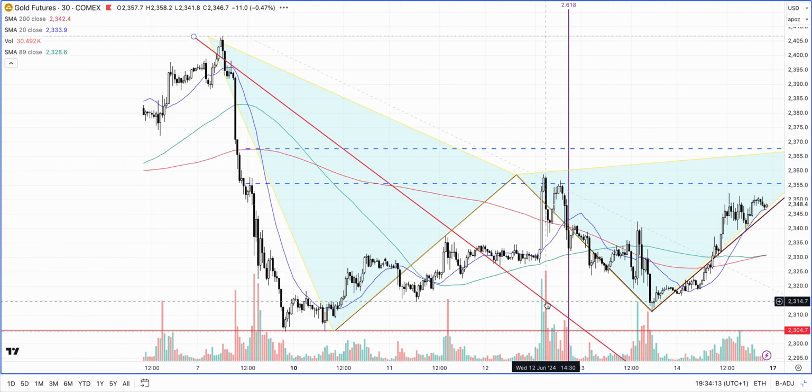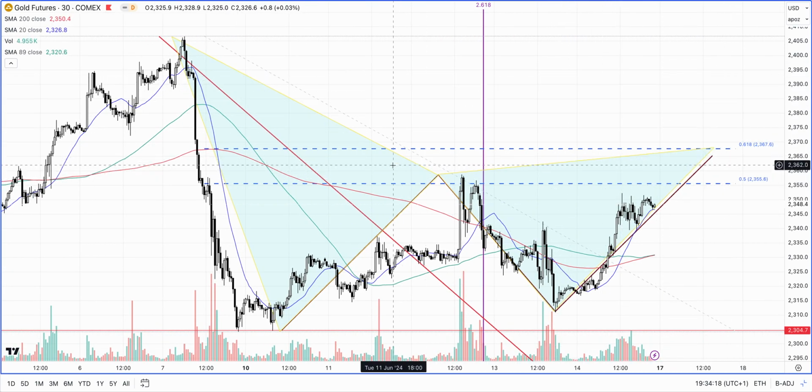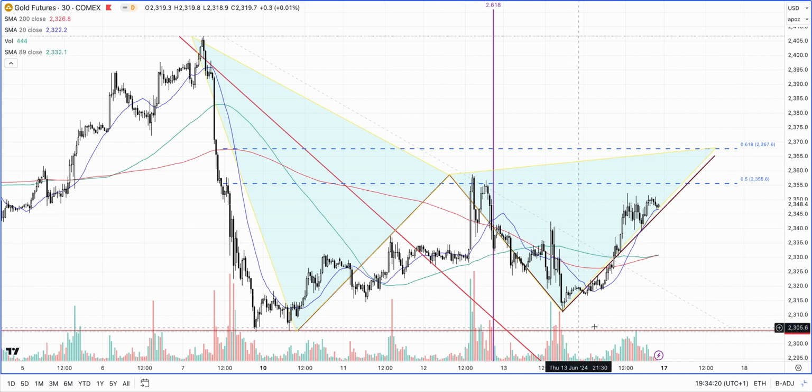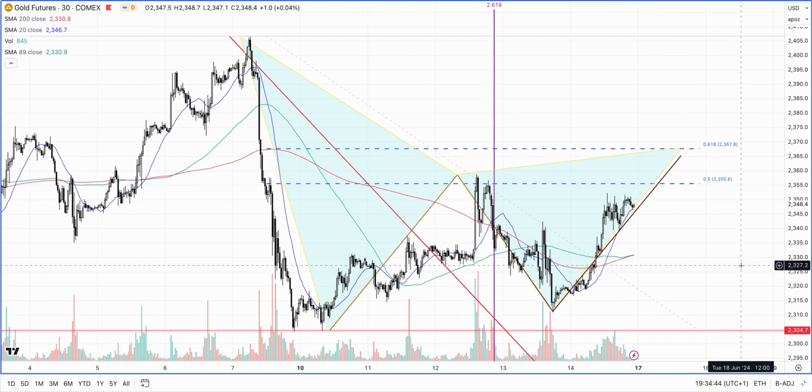Now, because there's a possibility last Friday was perhaps a low in this market, we can go back to, let's say, a 30-minute chart, and we can see that here we have this ABCD, which is drawn in this brown line, coming around 2365, and just above that 2367 is a 61.8% retracement. So there is a fair amount of resistance right here. There's a possibility the market finds resistance from here, moves back and tests the bottom of this range, and we just have a range-bound market for some time.